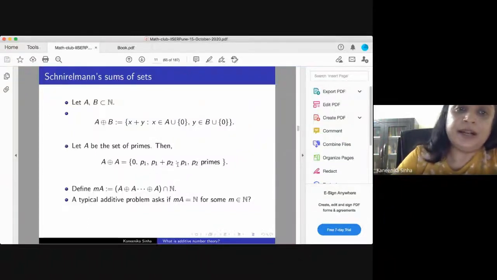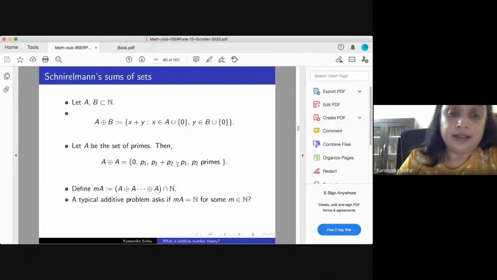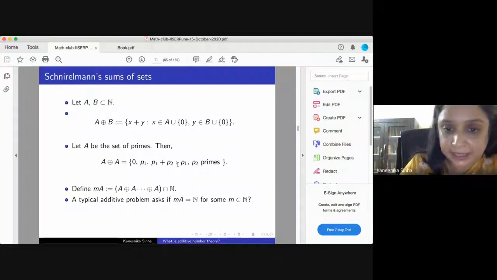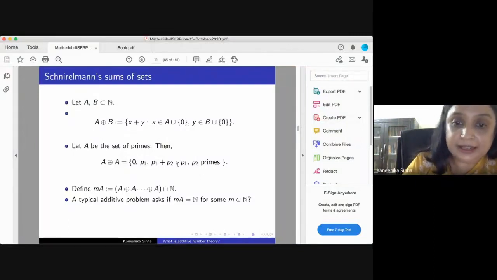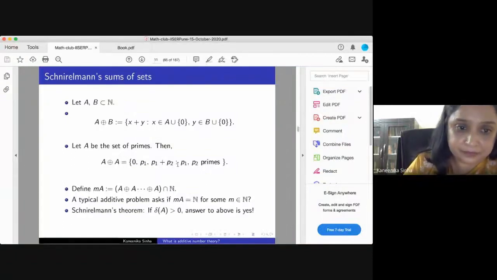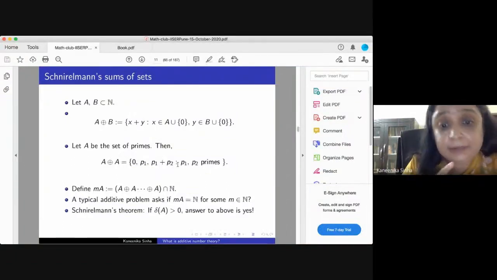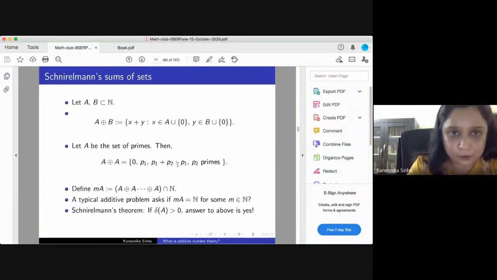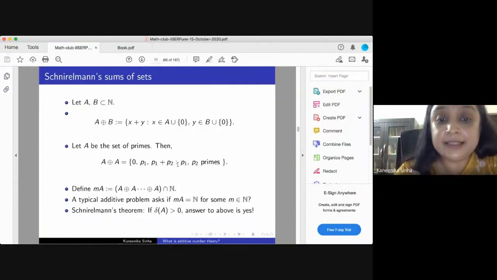So Schnirelmann expressed an additive problem in a very precise and a very transparent language. Can you find an m so that m times A is equal to N for some m? And Schnirelmann's theorem, which is also something that we prove in a typical additive number theory class, is that if the Schnirelmann density of a set is positive, then the answer to the above is yes.